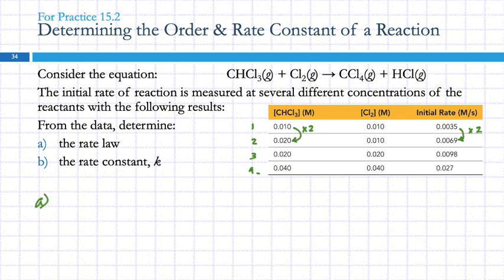So this is the answer to A. The rate law is an equation. It's not just the equals part. It's the rate equals the constant, and we just figured out that the first reactant is first order. So we could leave it without an exponent because we understand that to be a 1. Or if we want to just really reinforce it to ourselves, we could write a 1 there. Doesn't really matter.